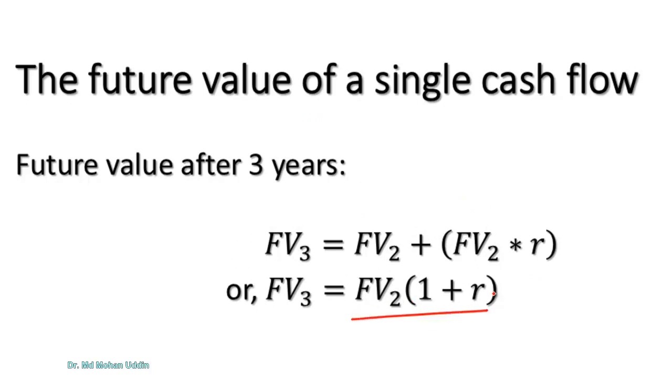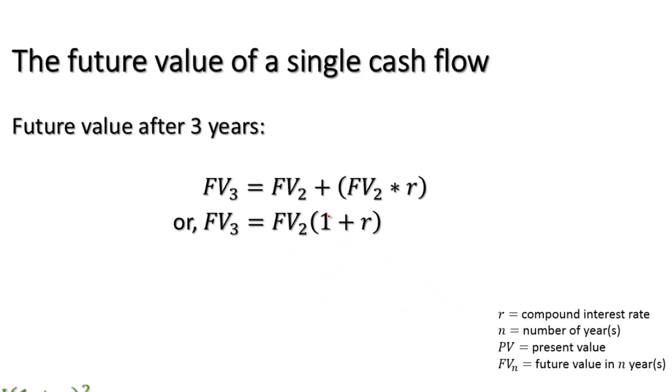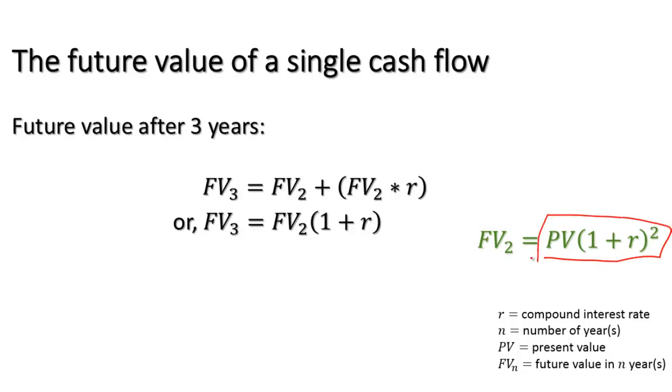Now I think some of you can guess what I'm going to do, because I have said that our intention is to express the future value in terms of present value. So again, from the previous calculation we have found that FV2 is equal to PV times (1 + R) to the power 2. So we can replace this FV2 with this one.